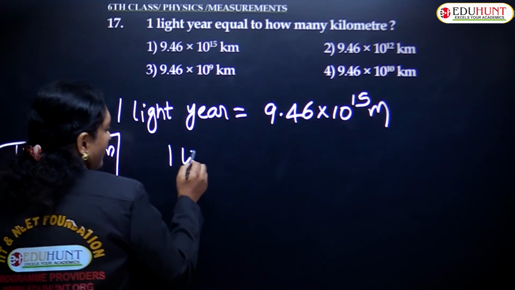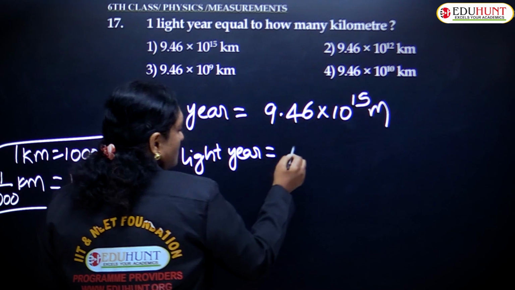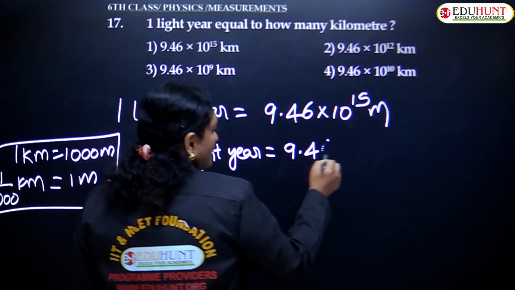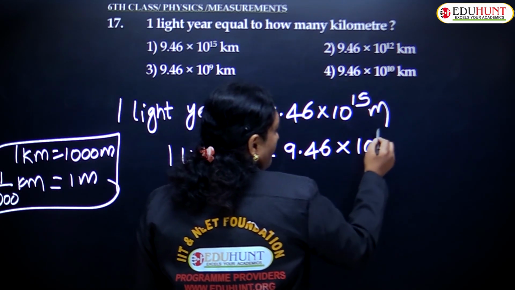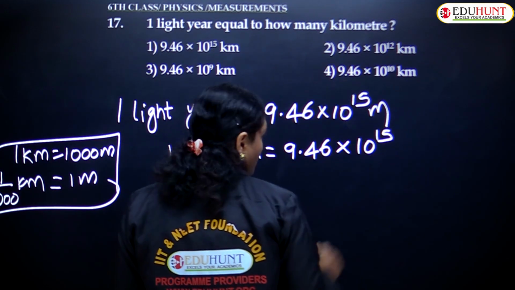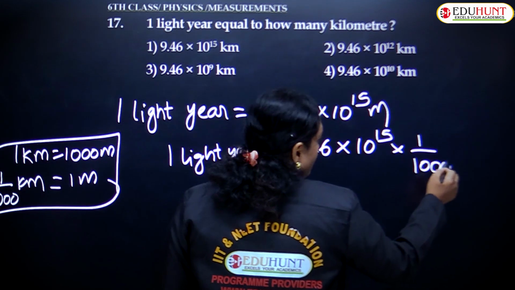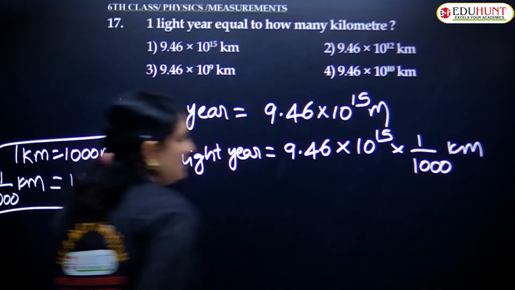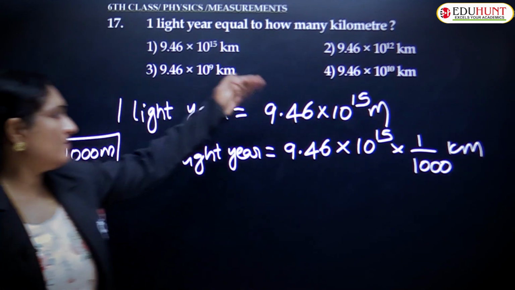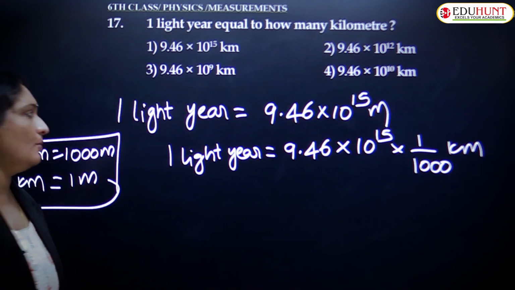So 1 light year is equal to 9.46 into 10 power 15 upon 1 meter. 1 meter should be written as 1 by 1000 kilometer. Isn't it, children? So 9.46 10 power 15, instead of meter I wrote it as 1 by 1000 kilometers.